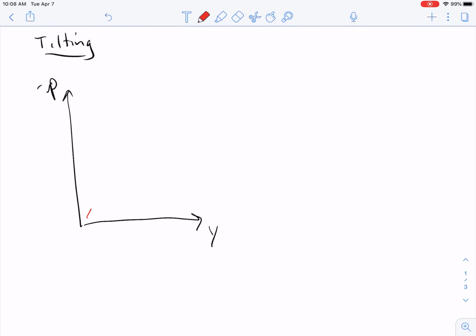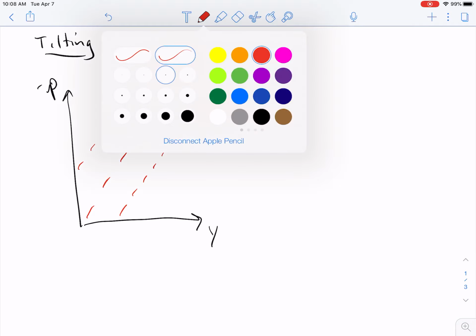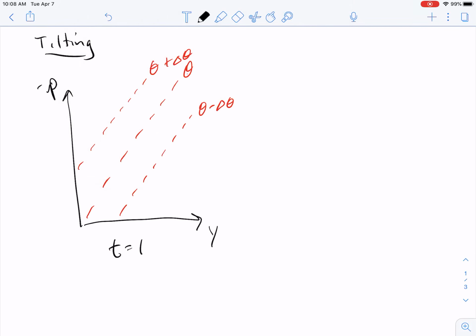We have a tilt to our temperature gradient and our fronts, and we always tilt back towards the cold air. So we have theta, theta minus delta theta, and theta plus delta theta. And so again, this might be at our time t equals t naught, and we are looking to figure out, well, what's going to happen at some later time.